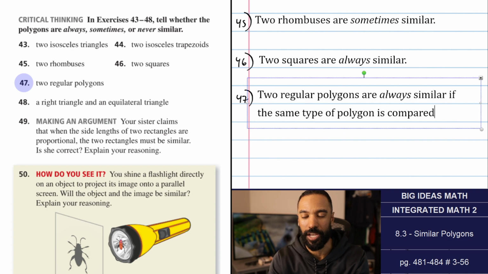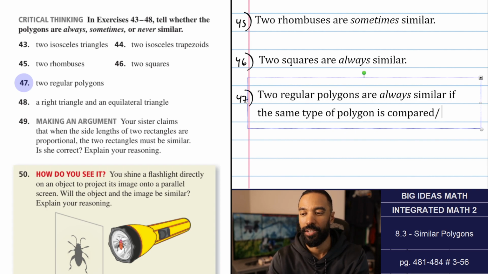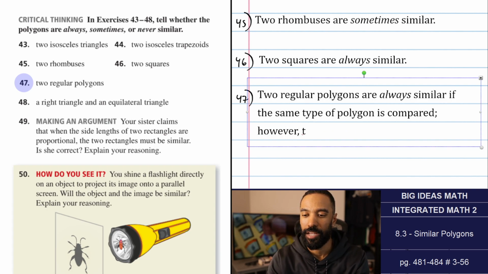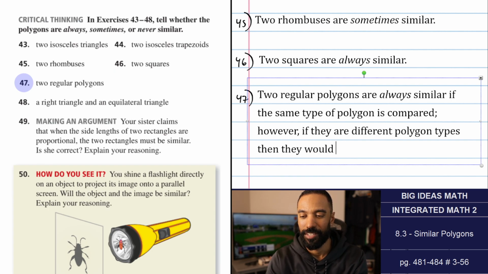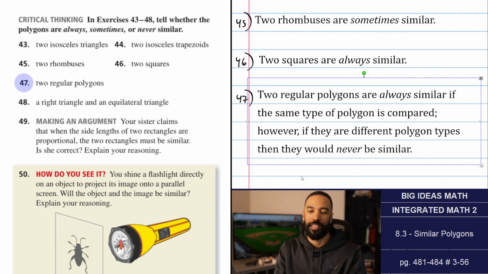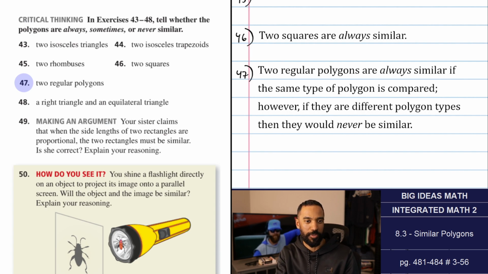So like two regular octagons, like two stop signs, a small one and a big one. However, if they are different polygon types, then they wouldn't be similar. They would never be similar. They would just be different shapes. So I don't know which one they were going for. They didn't say of the same type, so I'm not sure if we were supposed to assume that.